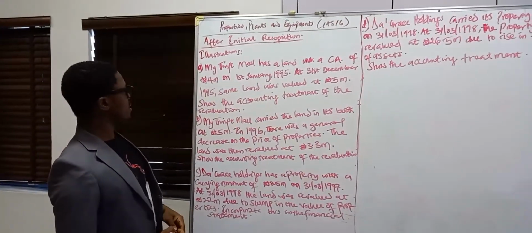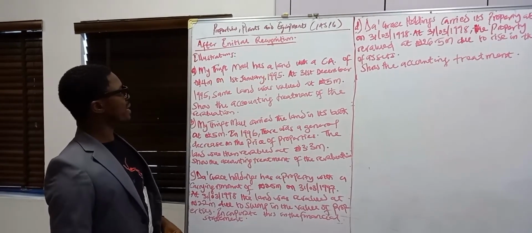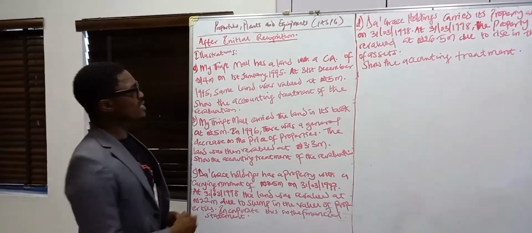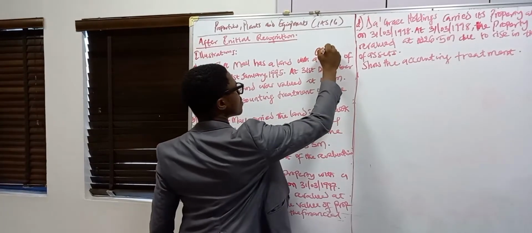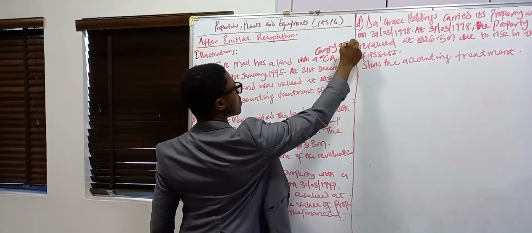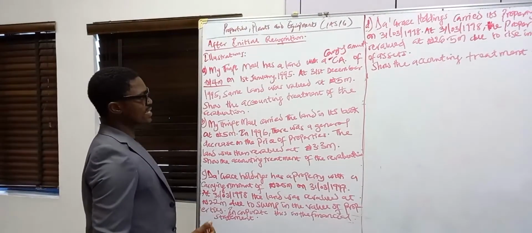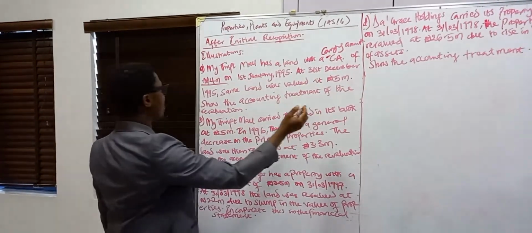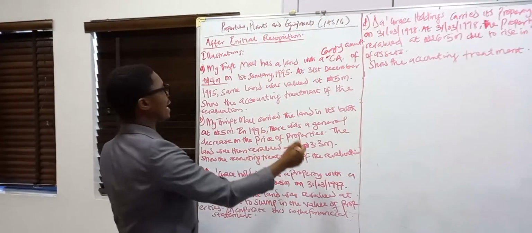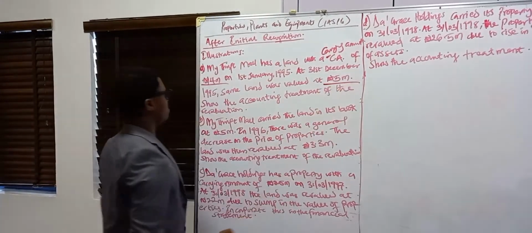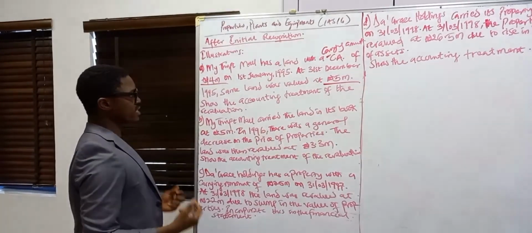Some illustrations here. The first illustration says, my Q1 has a land with a carrying amount of 4 million naira on the 1st January 1995. As at December 1995, same land was valued at 5 million naira. Show the accounting treatment of the revaluation.